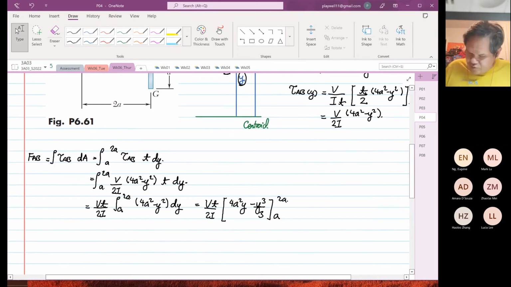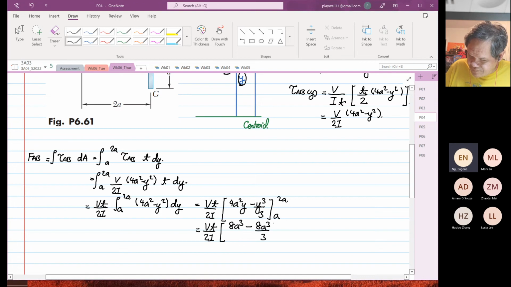Substituting, we get 8A cubed minus 8A cubed over 3, minus 4A cubed minus A cubed over 3.